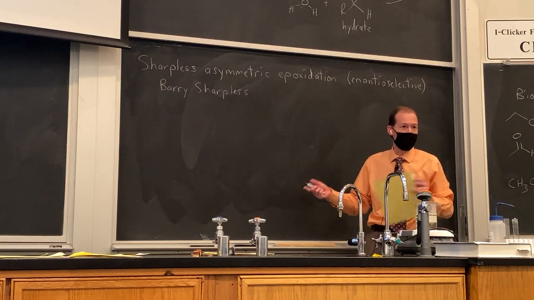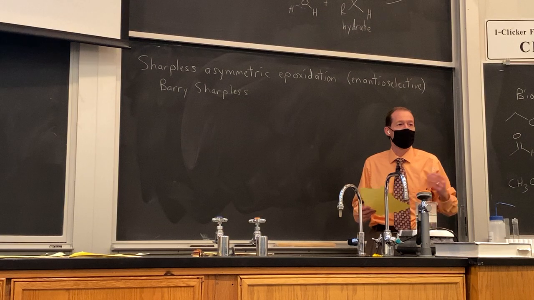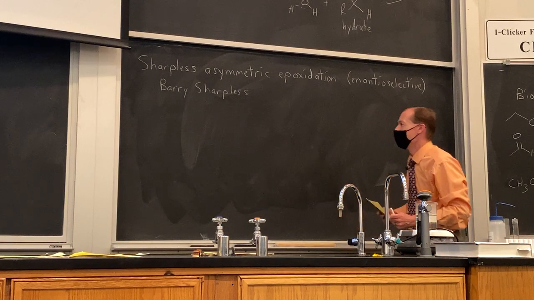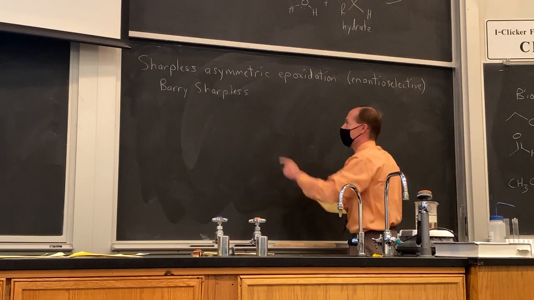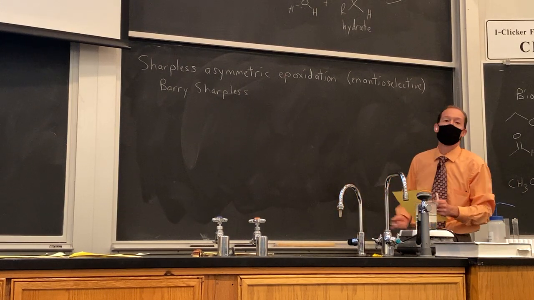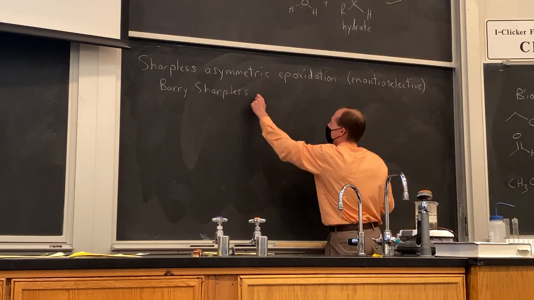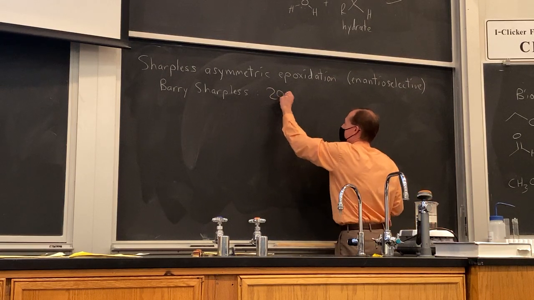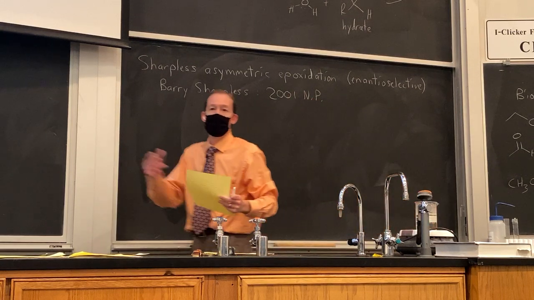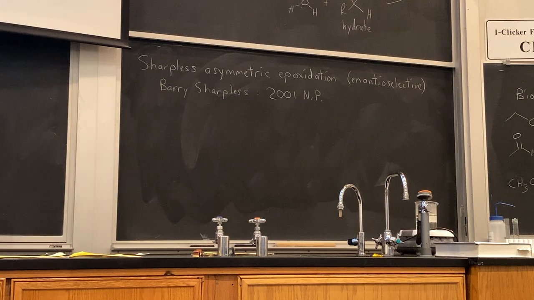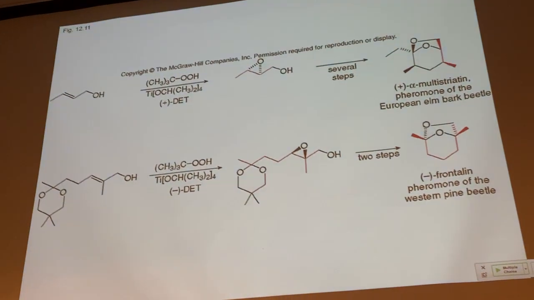He's the one who told me the story I told you last time about Bryant Rossiter and the Gypsy Moths, because Bryant Rossiter was a graduate student working for Barry Sharpless at Stanford and helped him discover this reaction. Sharpless ended up getting the 2001 Nobel Prize as a result of this and another asymmetric or enantioselective reaction that he discovered.